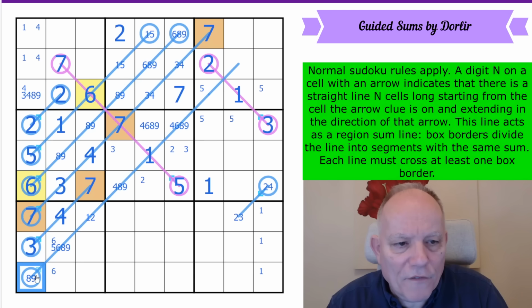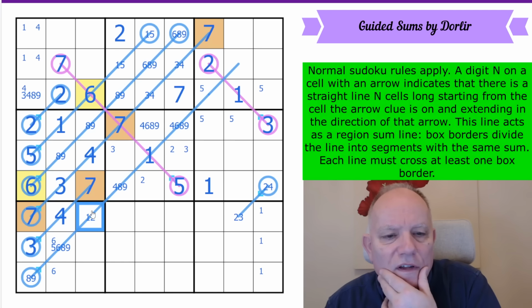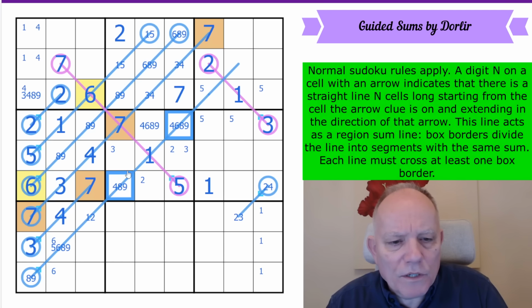I wonder if I can rule out 8 here. If that was 8, this would be 1, 4, 9. These would be 3, 5, 8. 8, 5, 1 would be 14. Ooh. How would you make 14 from these? You couldn't.